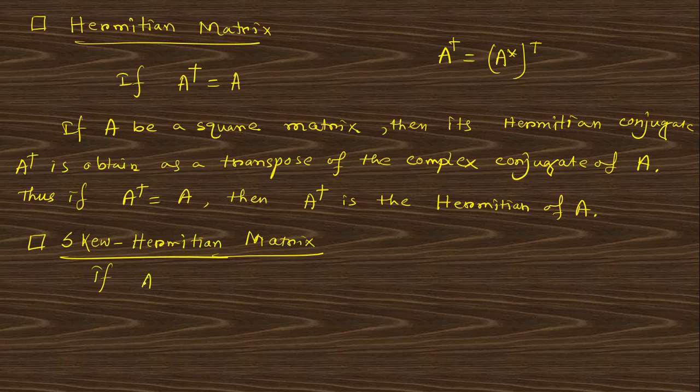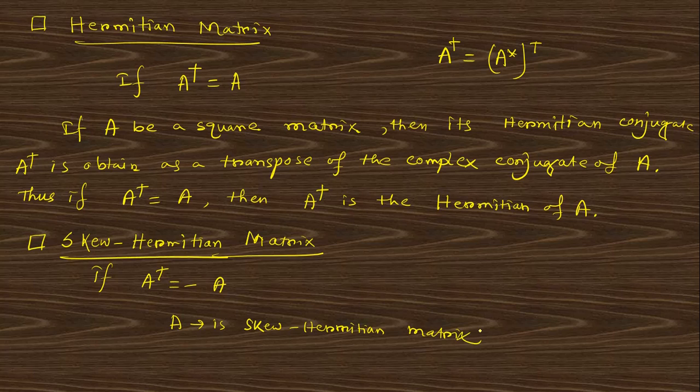If you find A dagger and you get A dagger equal to minus A, then A is a skew Hermitian matrix. Clear?